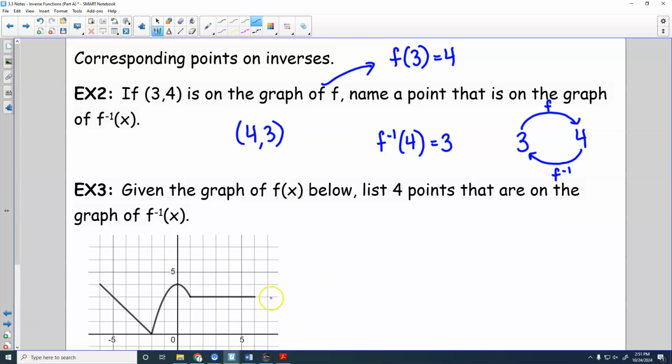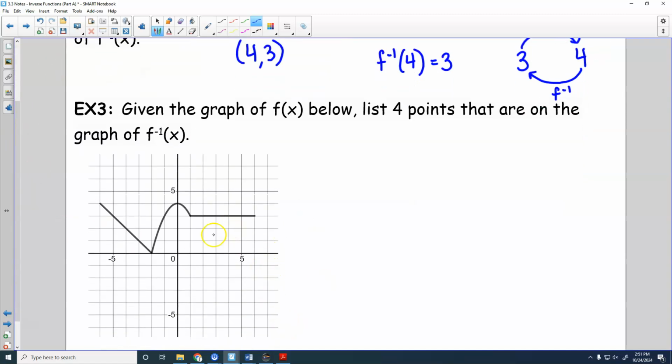Okay, so if I have this graph right here, this is the graph of f, and it asks me to list 4 points that are on the graph of f inverse of x. If I just look at the points I've got, I'd pick something easy on grid lines, maybe like (-6, 4). This point right here is (-2, 0).